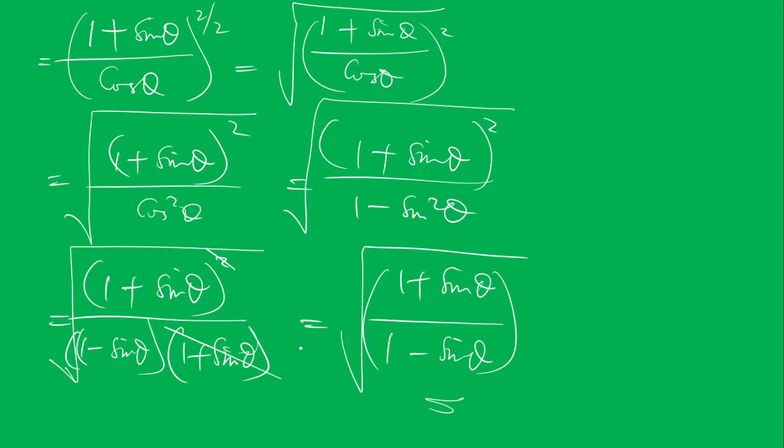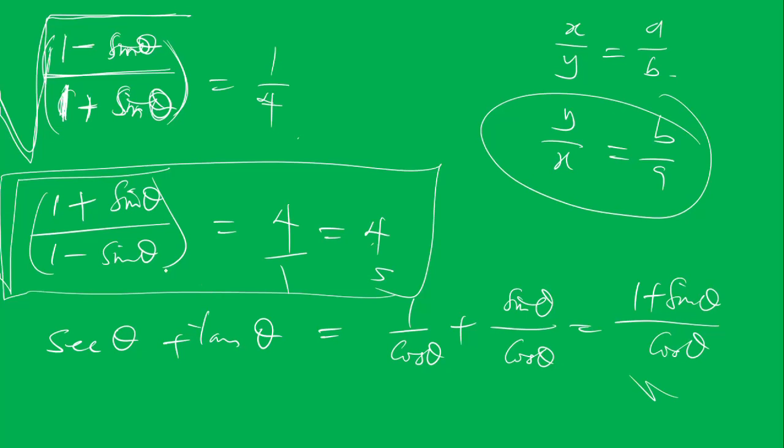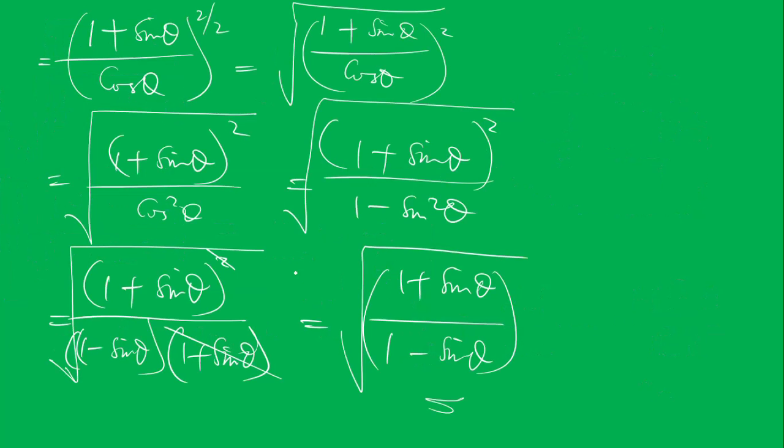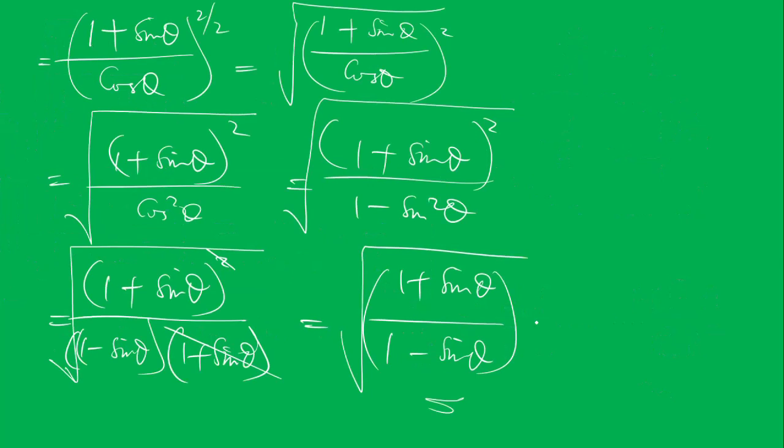Now this is what we got here to be 4. So 1 plus sine theta divided by 1 minus sine theta, all square root, is equal to 4. So meaning that this expression here is the same thing as this. So this is equal to what? 4. And that is what we're looking for.